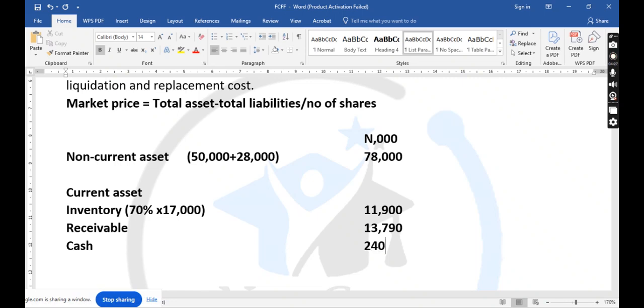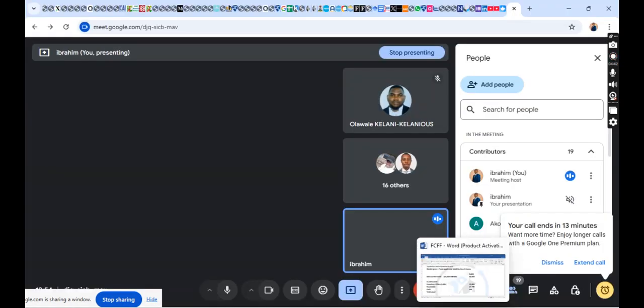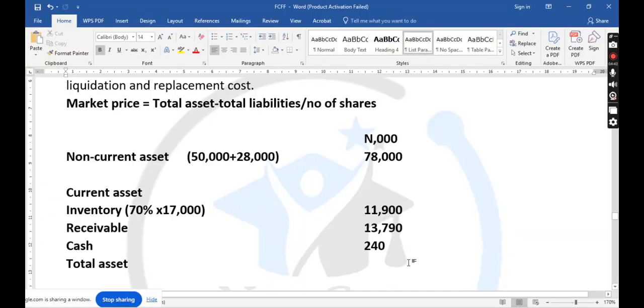So what is the total assets? 103,930, right? Is this correct? Yes. Okay. Correct. Okay, thank you.